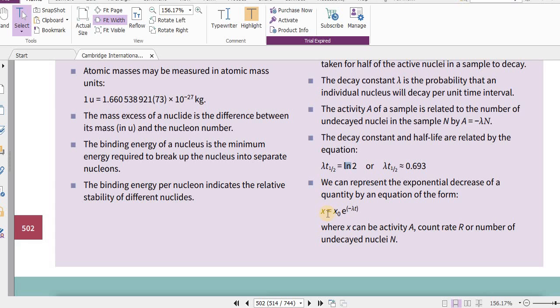You can replace it with R, the count rate. Then R naught is the initial count rate and R will be the count rate after time t. And N naught will be the initial undecayed nuclei, and N will be the undecayed nuclei after time t.